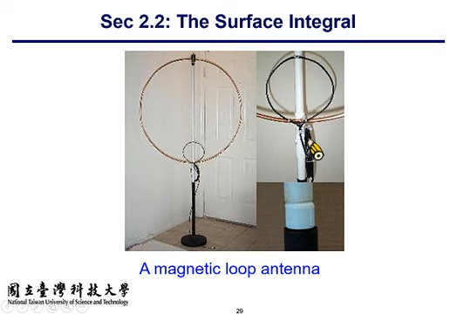All right. So we use a loop antenna to do that. How does it work? Say, from the radio station. The radio station has a tower, and somehow it manages to generate an electromagnetic wave.